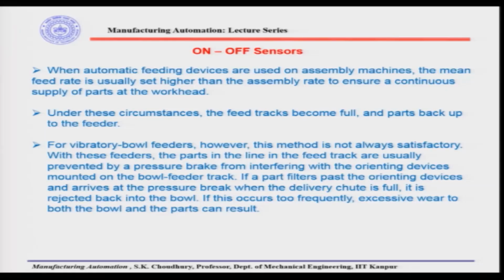Let us discuss one thing which is interesting, called the on-off sensor in the feed track. What happens is, when automatic feeding devices are used on automatic assembly machines, the mean feed rate is usually set at a higher rate than the assembly rate, to ensure a continuous supply of parts at the workheads. I told you earlier that workheads should not starve, because that will affect the adjacent workheads.